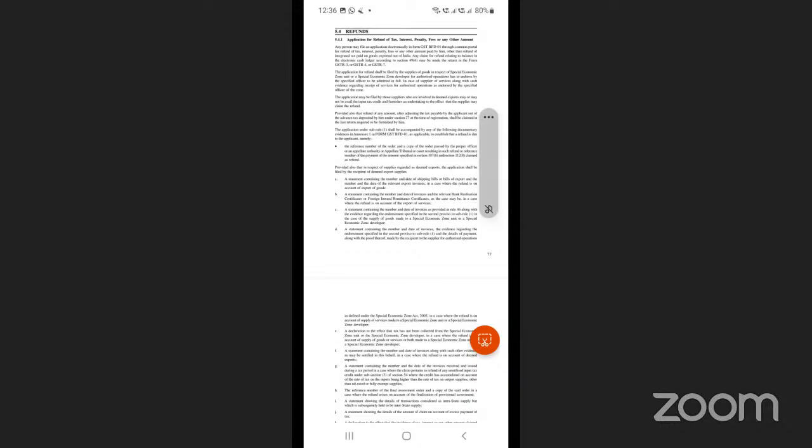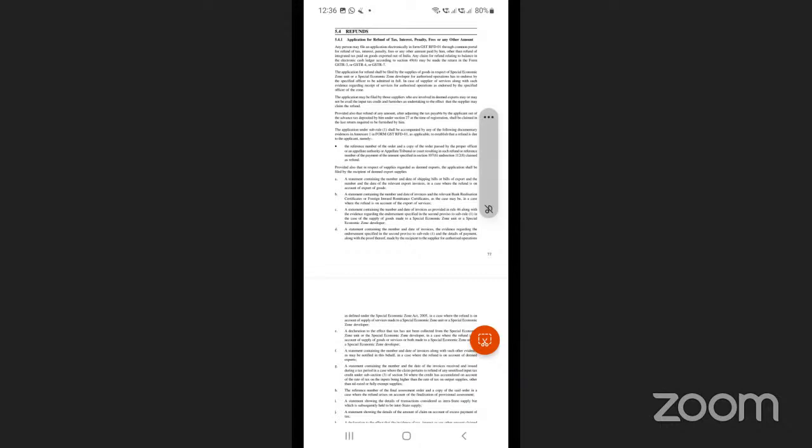So when you take exports, you can do it in two ways. One is either executing a bond or a letter of undertaking. If a letter of undertaking or a bond has been executed, in that way also the export can be done.